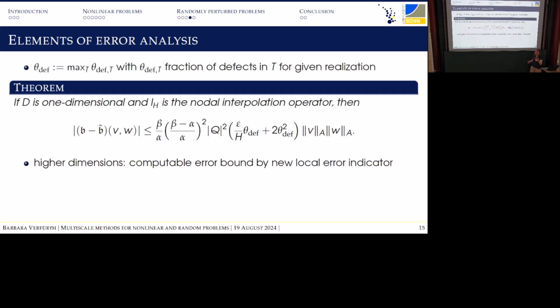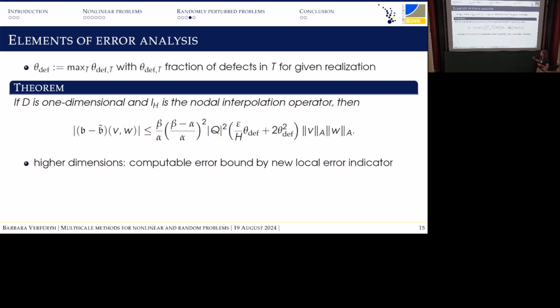And the defect probability should be small, and the error analysis tells you that it's somewhat quadratic in P with a small linear term. And this explains why, as you will see in a moment in the numerical examples, this approach works for small defect probabilities quite well.